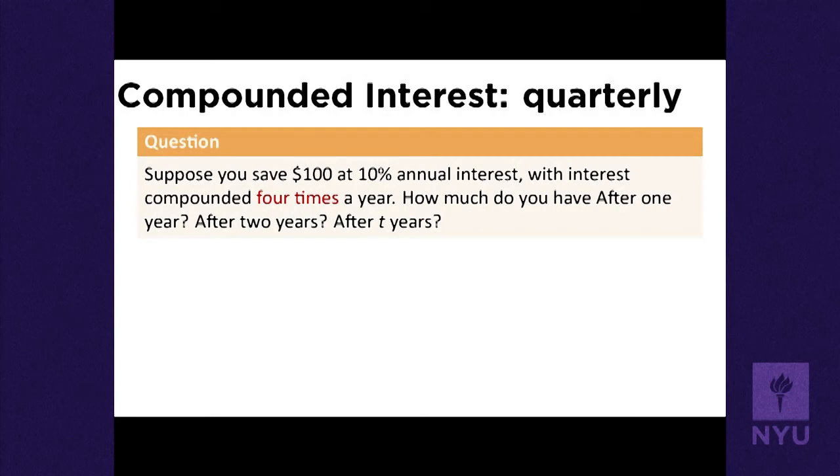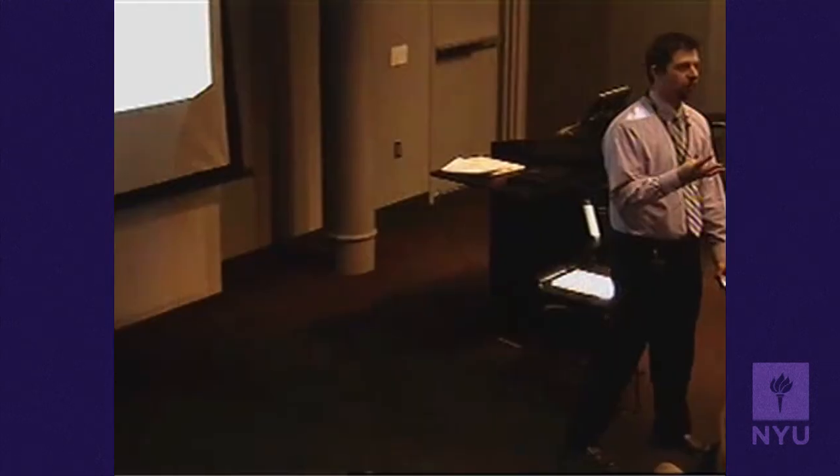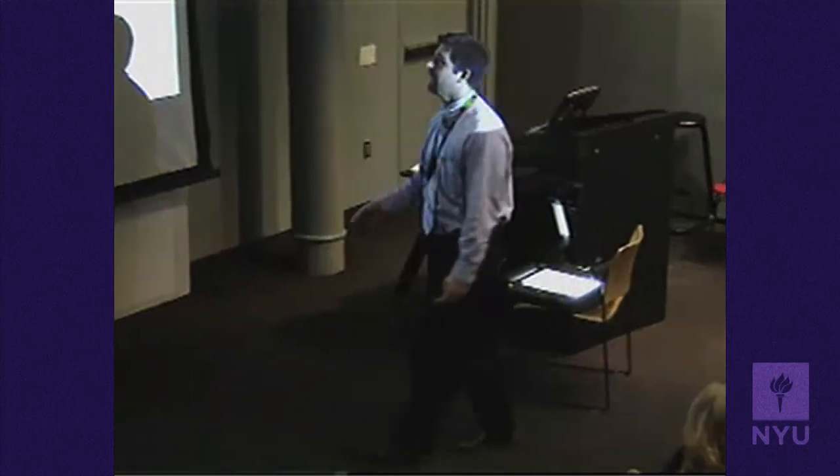And here's an important question relating to the actual real world of interest. Do you get that 10% 4 times each year? No, you actually get a fourth of the 10% 4 times a year. Because to give you 10% every 3 months would very much increase the amount of interest you got and basically be getting a much larger annual interest rate.